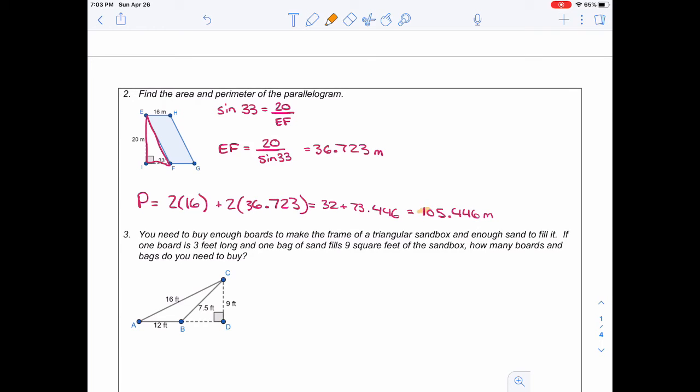Okay. And for our area, I'm sorry, not our height, we already have our height, we have our base, so that's going to be super simple. We're just going to do our base times height, which is 16 times 20, and we get 320 meters squared.